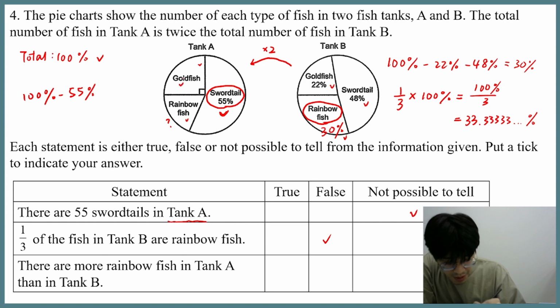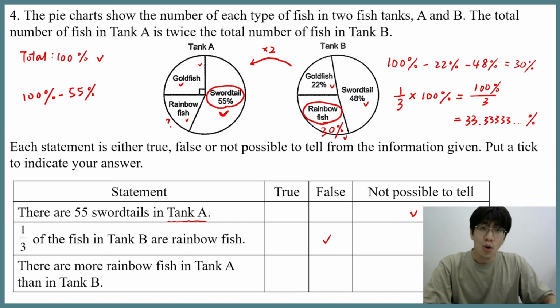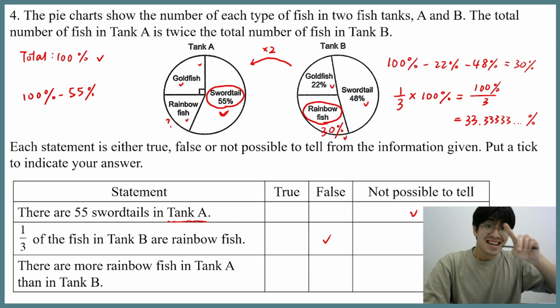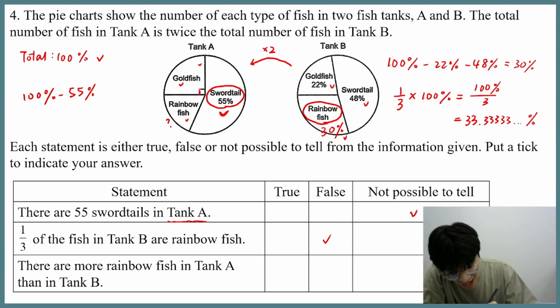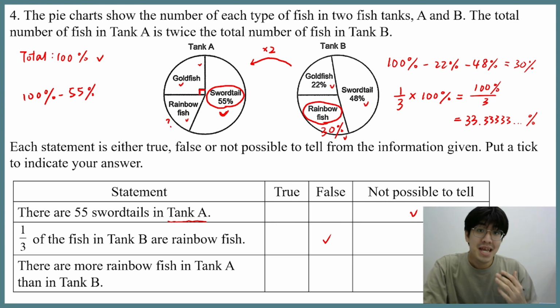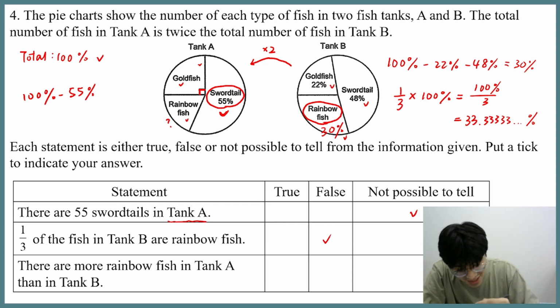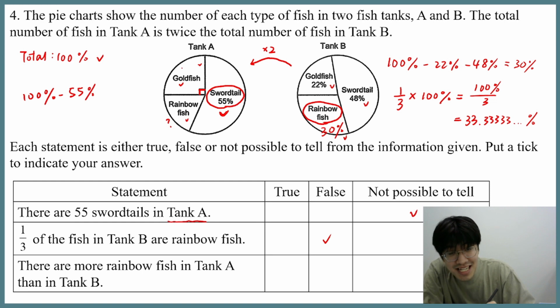But what about this part to the top, the goldfish? Again, we see that for a circle, the angle should add up to 360. And this is 90 degrees, meaning that 90 degrees out of 360, which is a quarter. So this means this goldfish is a quarter of 100%, which is 25%.